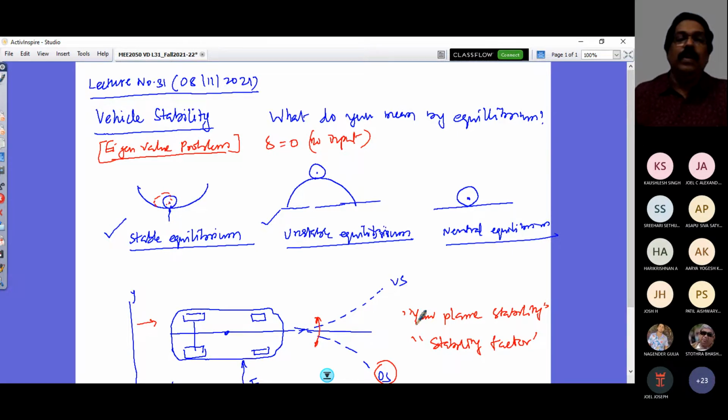Of course, if you really want to pursue vehicle dynamics further as an automotive control system, you are recommended to learn from a textbook called Modern Control Engineering by Ogata.